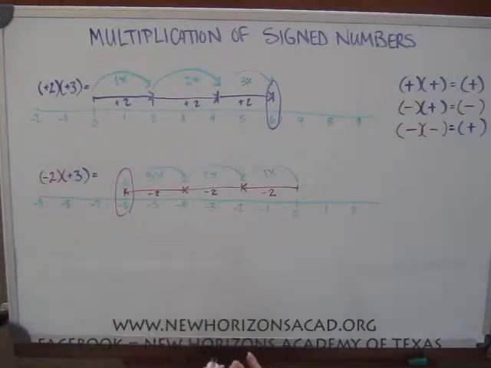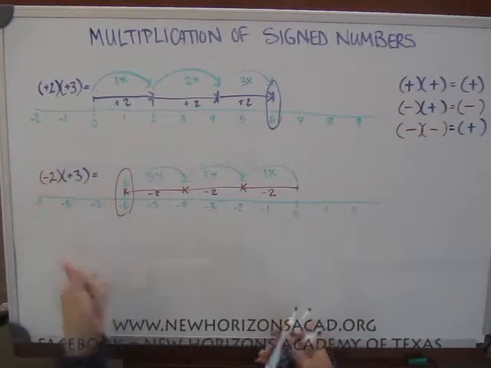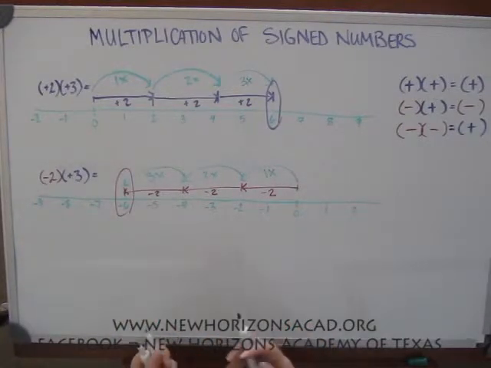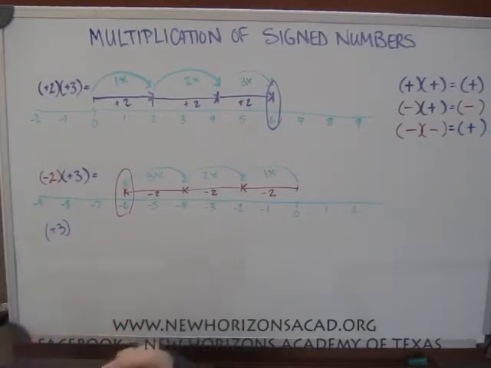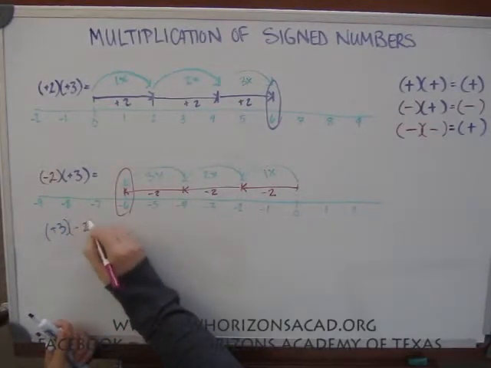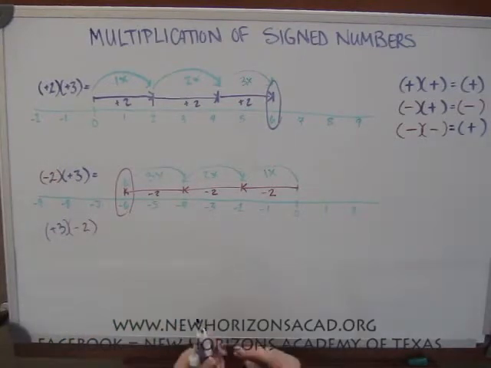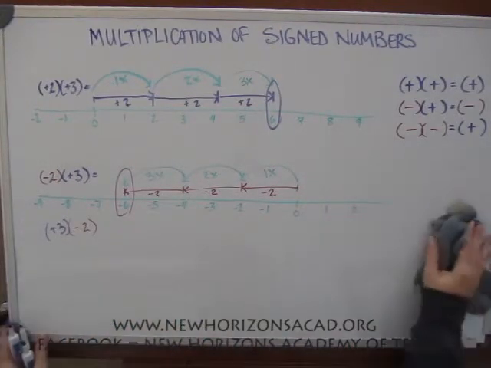You get negative 6. Now, when you have 2 things being multiplied, you can switch them and it makes no difference. So you could think of this as positive 3, negative 2 times. Well, that gets into a different demo. That's our next demo.